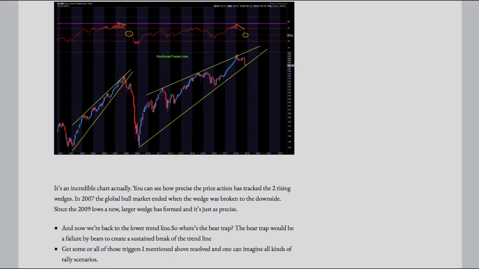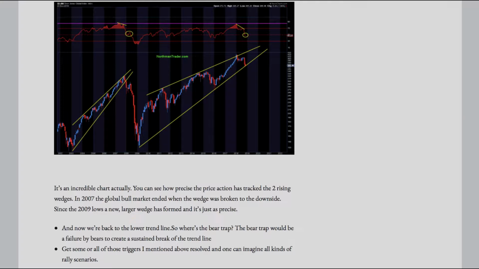It's an incredible chart, actually. You can see how precisely the price action has tracked the 2 rising wedges. In 2007, the global bull market ended when the wedge was broken to the downside. Since the 2009 lows, a new, larger wedge has formed, and it's just as precise.